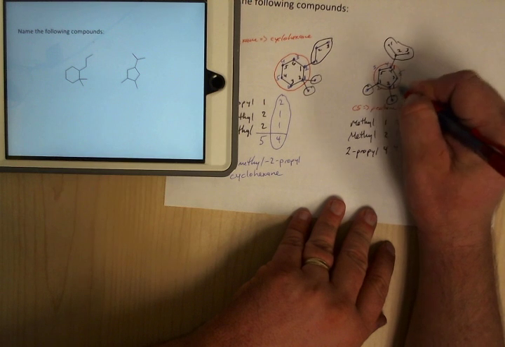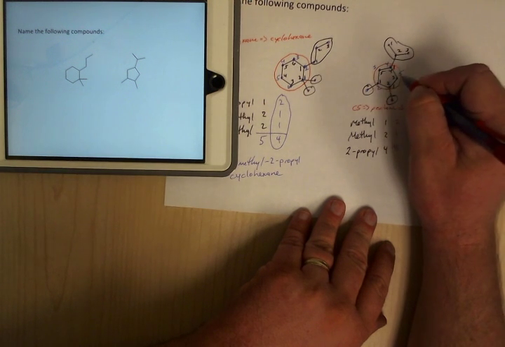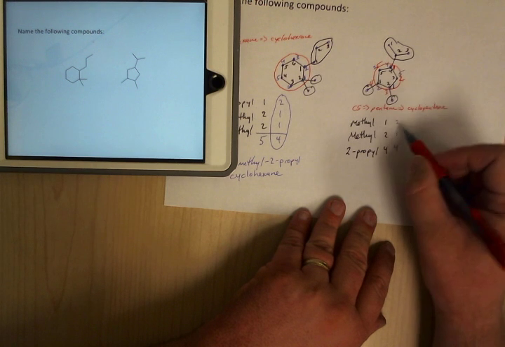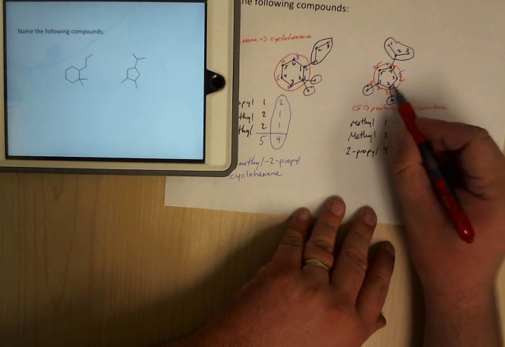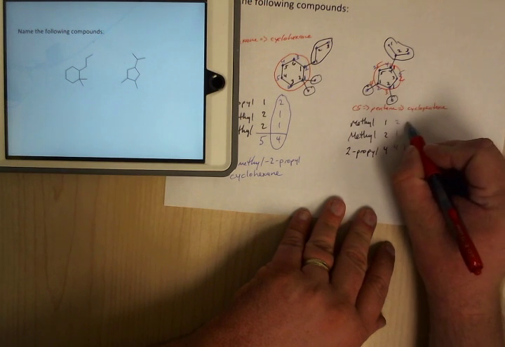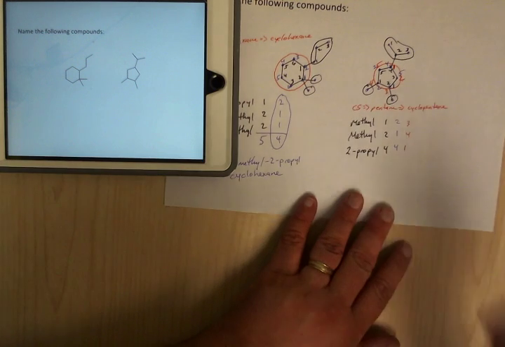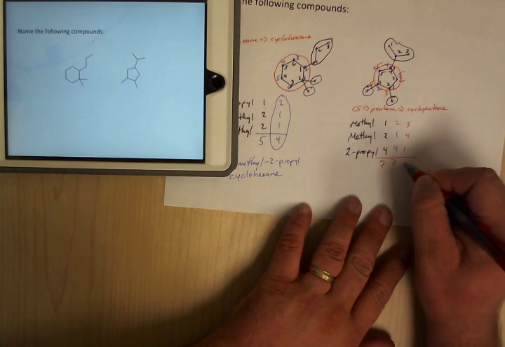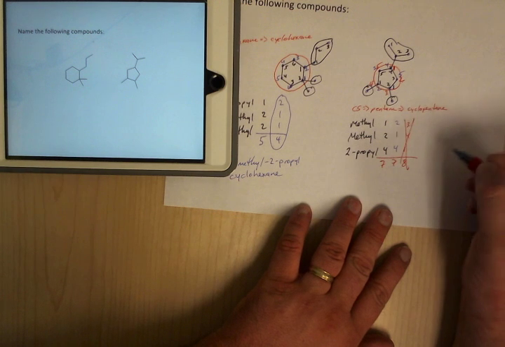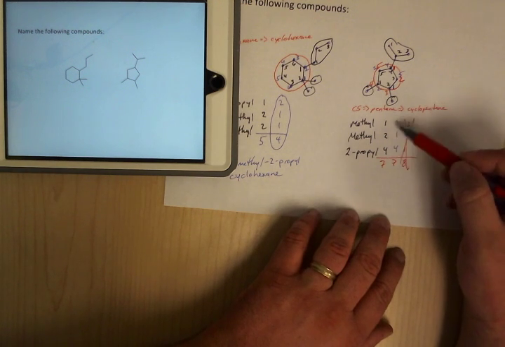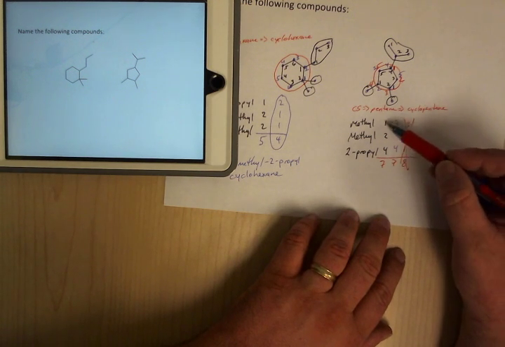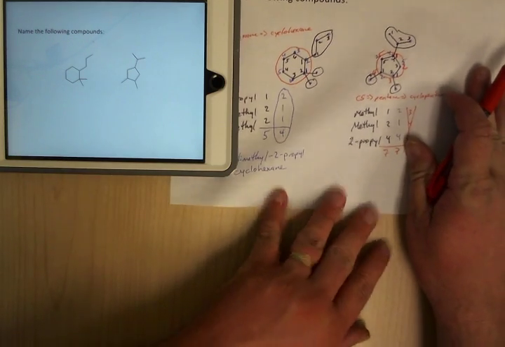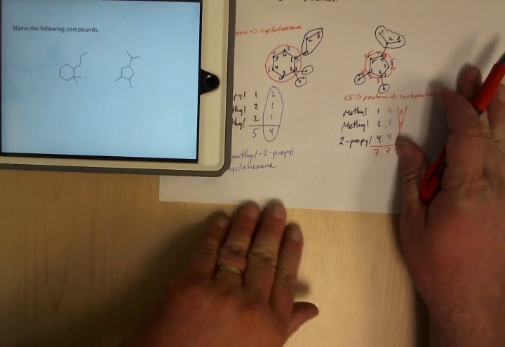Here it doesn't really matter which way you go: 1, 2, 3, 4, 5. So it becomes 1, 3, 4, basically. You add them up: this becomes 7, this becomes 7, and this becomes 8. So we know it's not going to be that. But it turns out that if you name them using either one of these, it's the exact same name. In this case, it doesn't really matter which one you use.